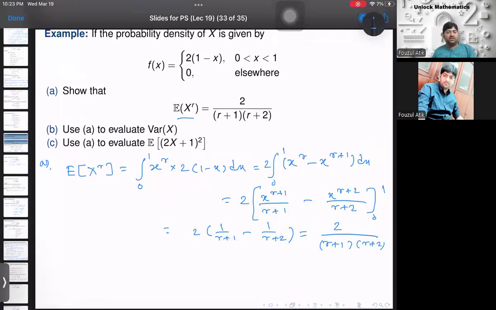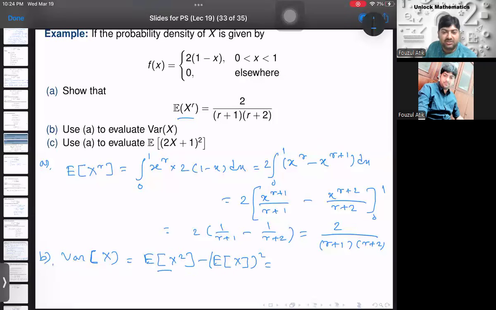Now next you have to calculate the variance of x. Variance is the expectation of x square minus E of x whole square. But we know the x to the power r formula, so we can just put r equal to 2 and r equal to 1, and easily get the variance. So variance of x is equal to E of x square minus E of x whole square. To calculate this, just put r equal to 2 in the previous equation.